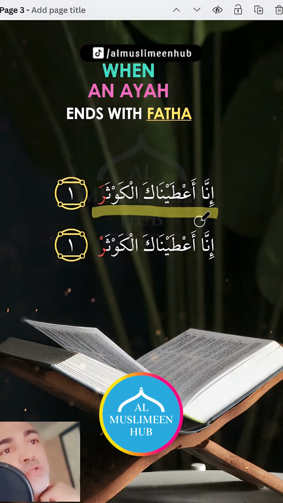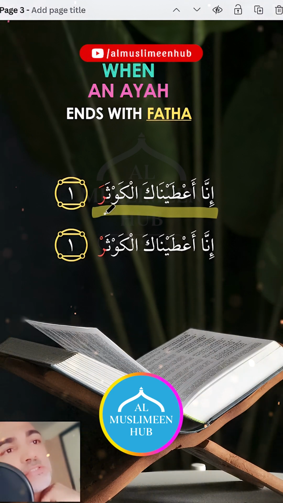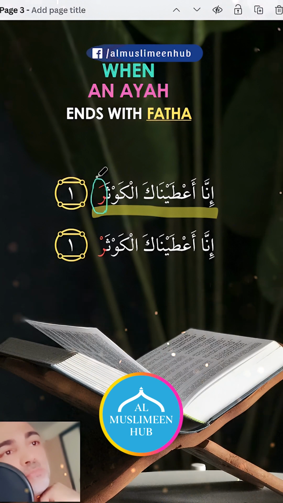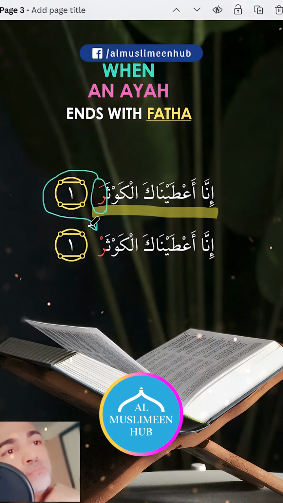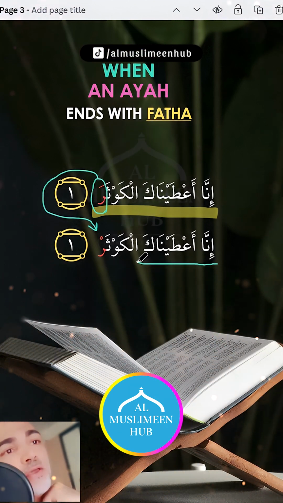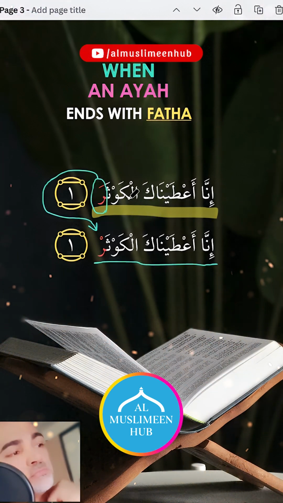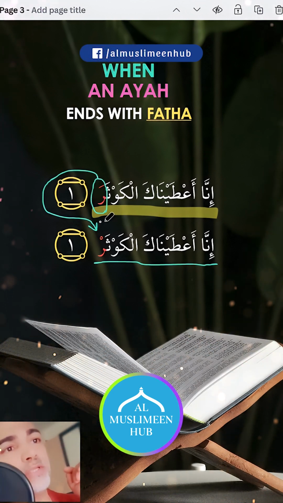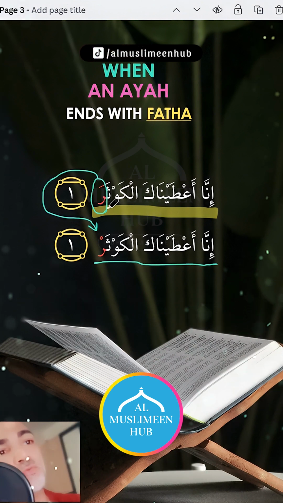Now, because we are learning tajweed, when the last alphabet has fatha on top, it will be replaced with sukoon. So then you have to read Inna a'tayna-kal-kawthar. Fatha is gone, vanished. That's how you read when you spot fatha at the ending of the ayah.